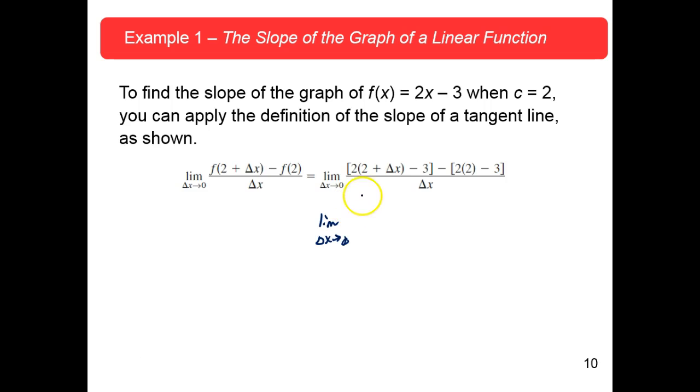Multiply that through. 2 times 2 is 4. Plus 2 times delta x, 2 delta x, minus 3, minus 4, minus 3, and that's divided by delta x.